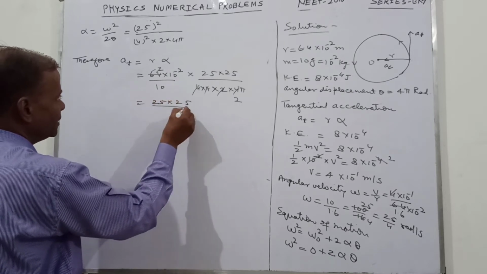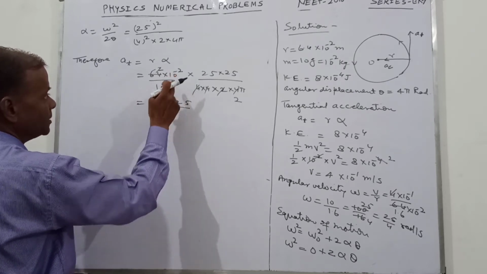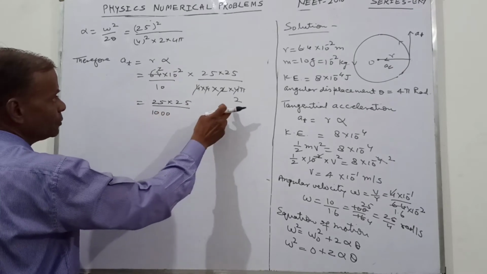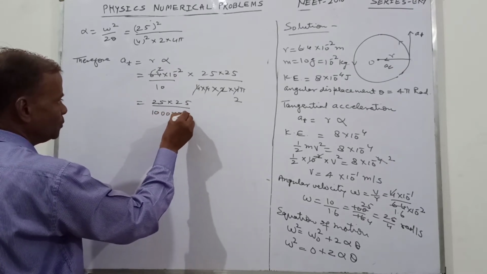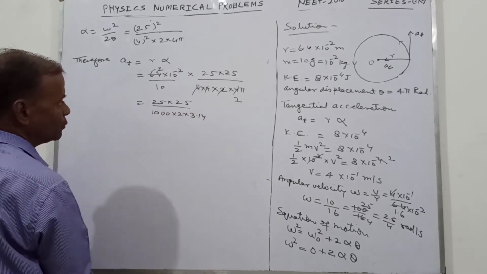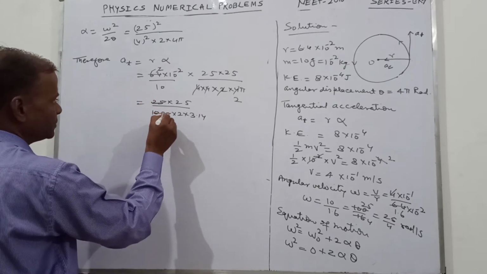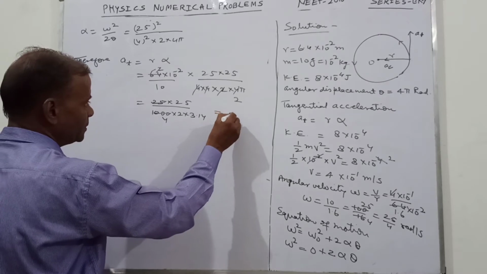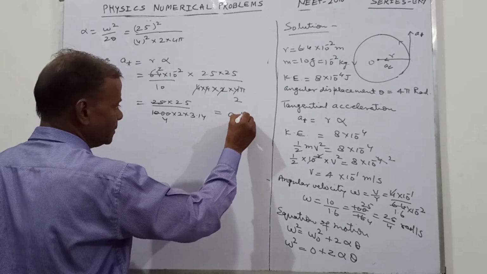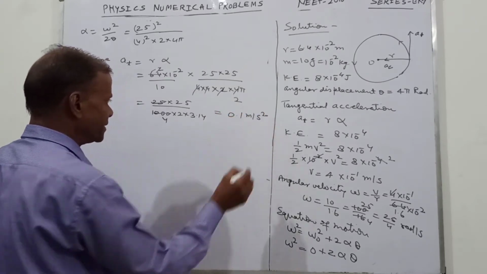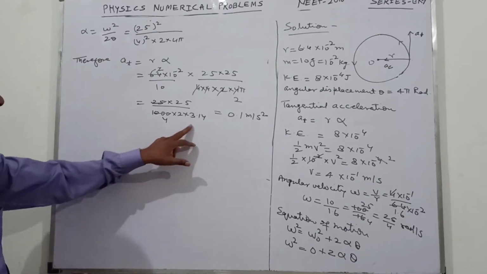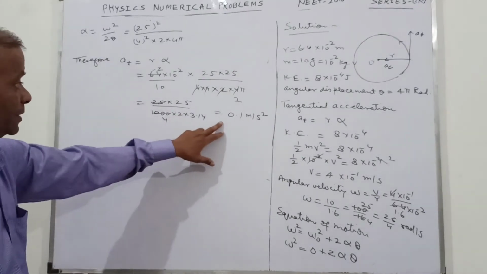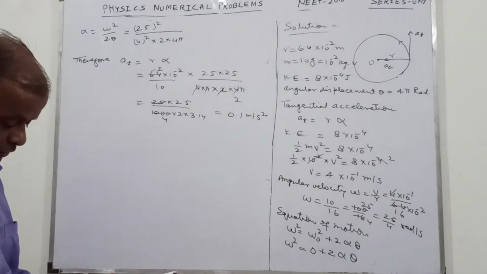25 into 25 upon 10 raised to the power minus 2, so this is now 2 zeros more. Then 2 pi is equal to 3.14. So 25, this is now your 4. And now just you calculate, then this will come out to be 0.1 meter per second square. Just divide this one by this, then you will get 0.1 meter per second square.